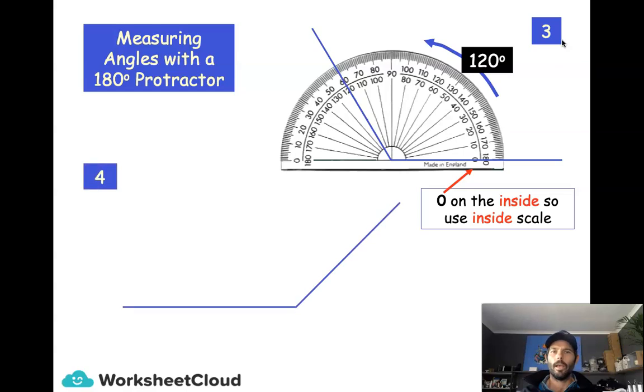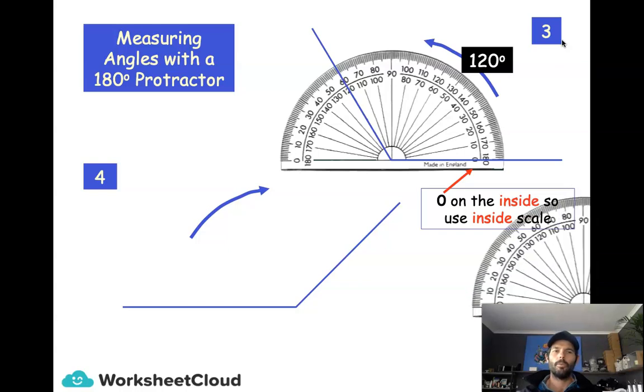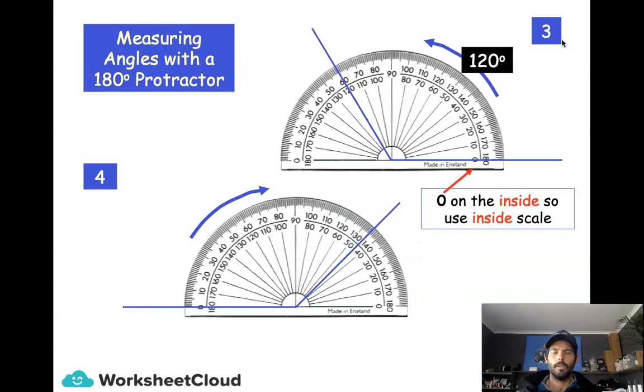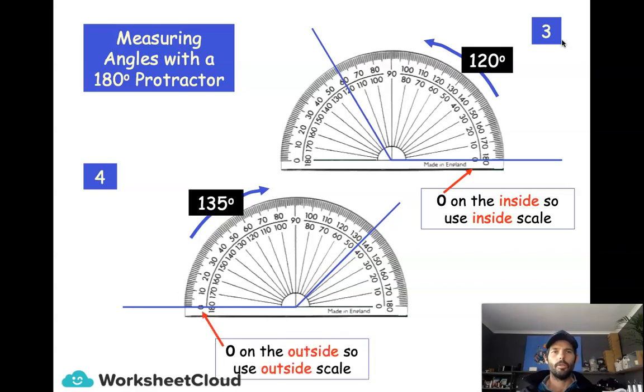And if the angle goes the other way, again, I need to recognize that that angle is bigger than 90. I put my protractor onto the point where the two lines meet, and I make sure that the upside down T is on the exact point where the lines meet, and the horizontal 0 degree line is on the horizontal line of the angle, and I can measure off 135 degrees.